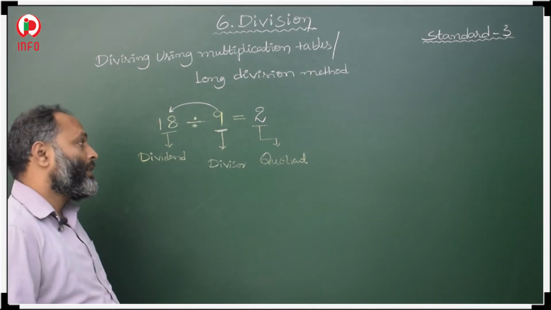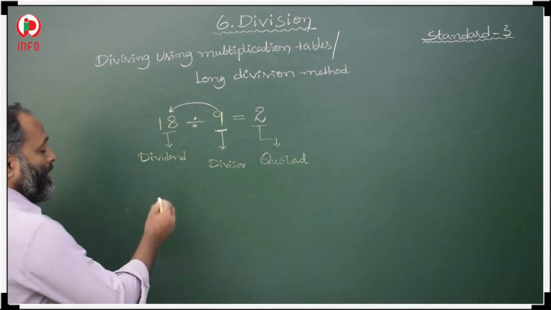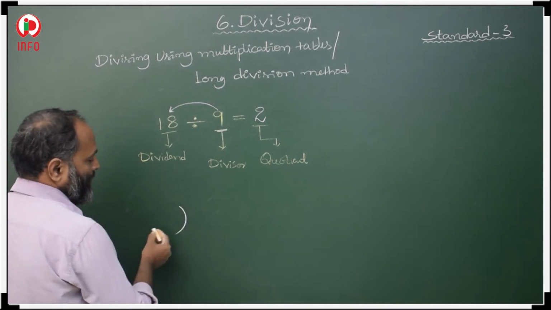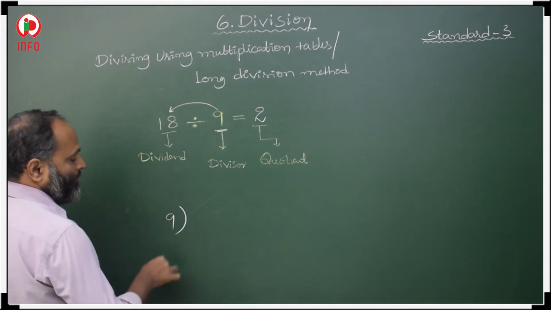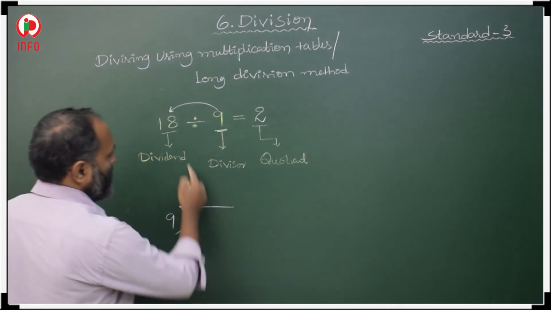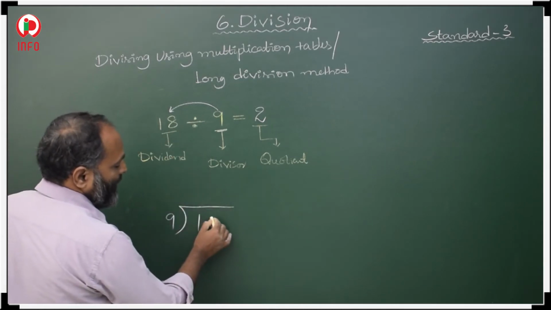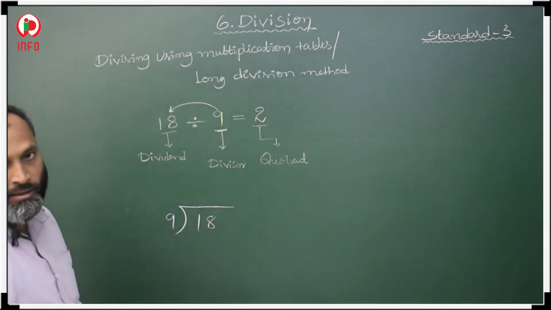By using the long division method, how to do this? First we keep our divisor here, and we keep our dividend in the middle, 18.